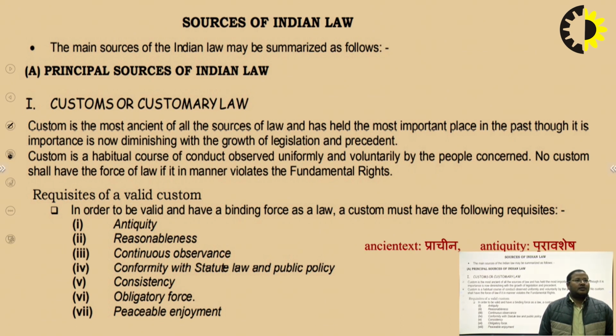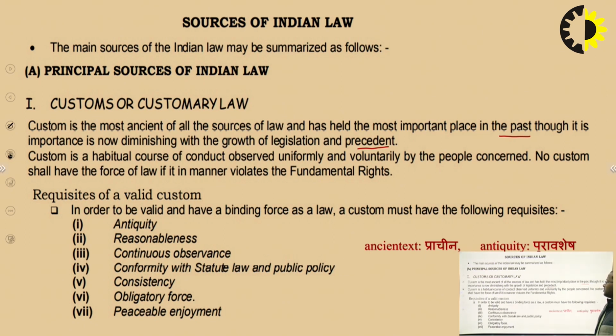Sources of Indian law. The main sources of Indian law may be summarized as follows: principal sources of Indian law, and the first subcategory is custom or customary law. Custom is the most ancient of all the sources of law and has held the most important place in the past, though its importance is now diminishing with the growth of legislation and precedent.